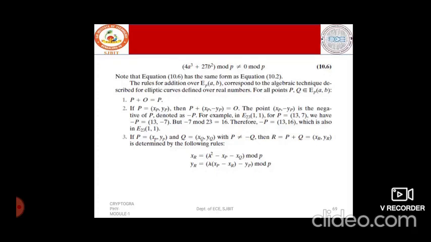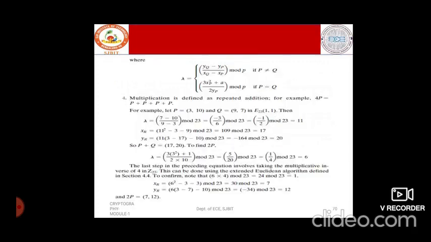This is determined by the following rules: xR is equal to lambda square minus xP minus xQ mod p, and yR is equal to lambda of (xP minus xR) minus yP mod p. So here we have all these equations for this rule in elliptic curve cryptography.